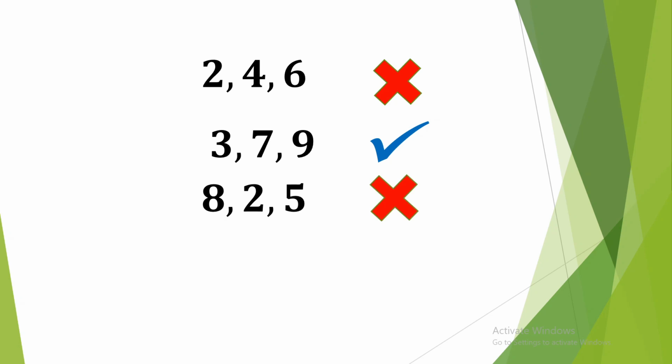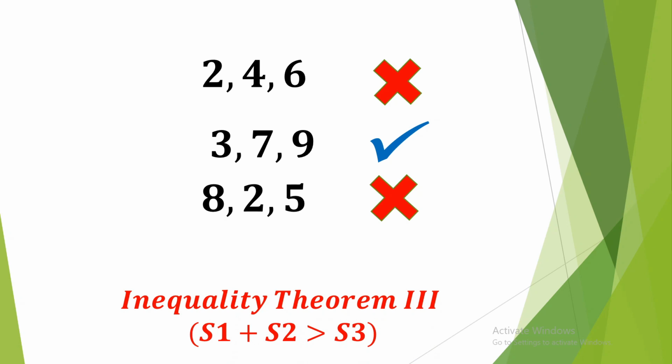You're right, we cannot, because if we add 2 and 5, that is 7. And 7 is less than 8. So we have found a pair of measures of segments which is less than the third side. So that is how to determine if the given lengths of segments can form a triangle or not. And that is based on the inequality theorem 3, or S1 plus S2 should be greater than S3.